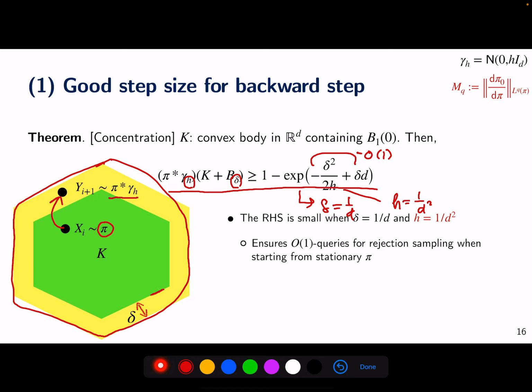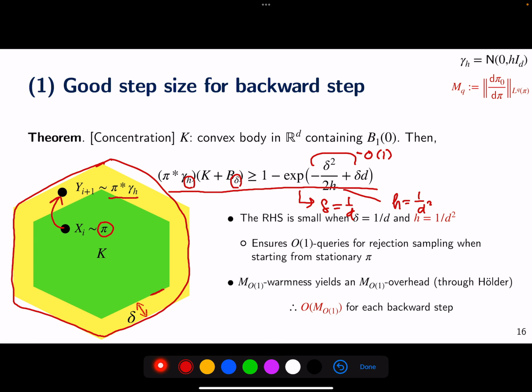But remember, we are actually starting from some warm start distribution, which slightly deviates from this phi. So this initial deviation, the O(1) warmness, ends up introducing some O(1) overhead in the final complexity through Hölder's inequality. That's why under this step size, h equal to 1 over d squared, we need this many queries for each rejection sampling.